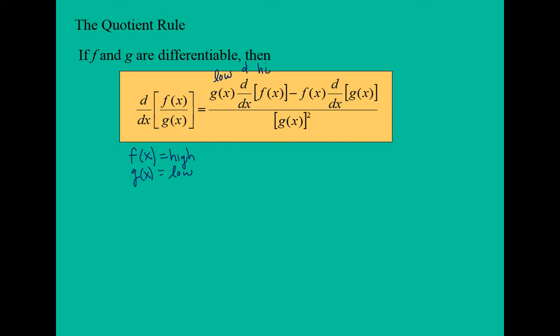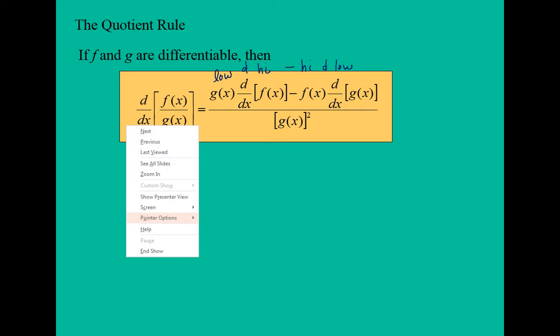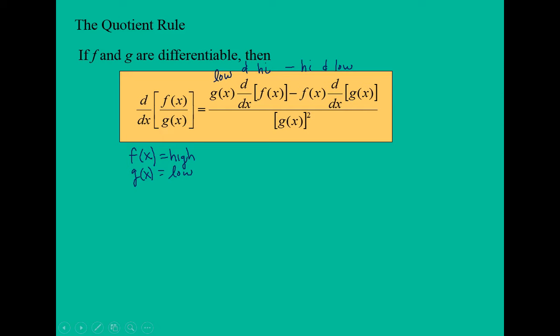Low d high minus high d low all over low squared. So if you hear somebody saying low d high minus high d low all over low squared, you know they are applying the quotient rule. Whatever you need to do to commit this to memory.